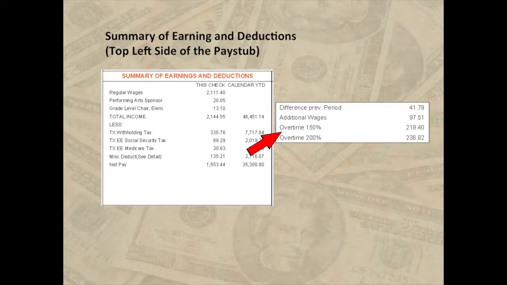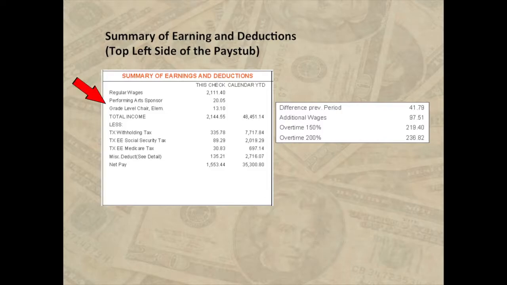Time and a half, or 150% overtime, is paid for work in excess of 40 hours and up to and including 55 hours within the OCPS Thursday to Wednesday work week. Double time, or 200%, will be paid on hours above 55 within the OCPS Thursday to Wednesday work week. Exempt employees such as instructional or administrative employees are not eligible for overtime.